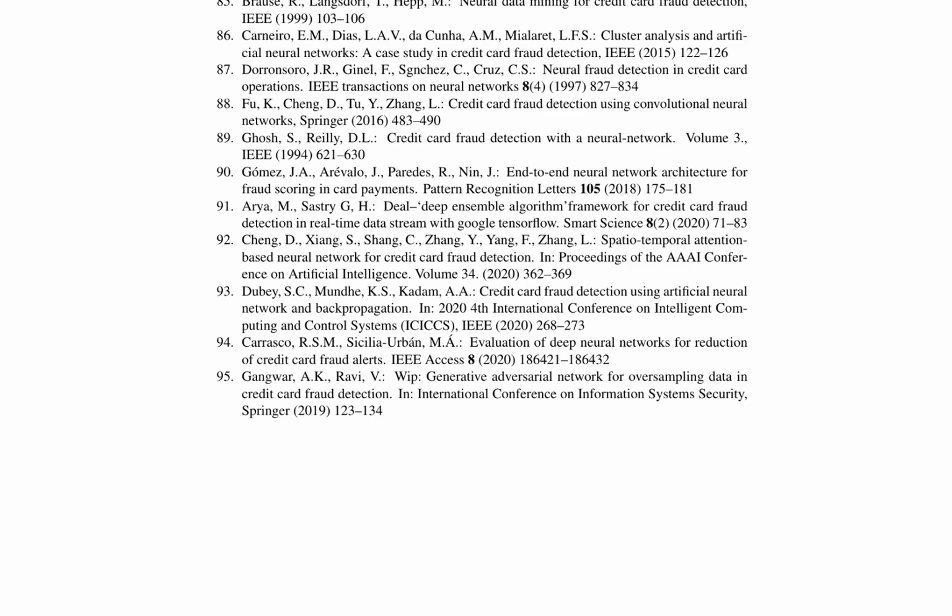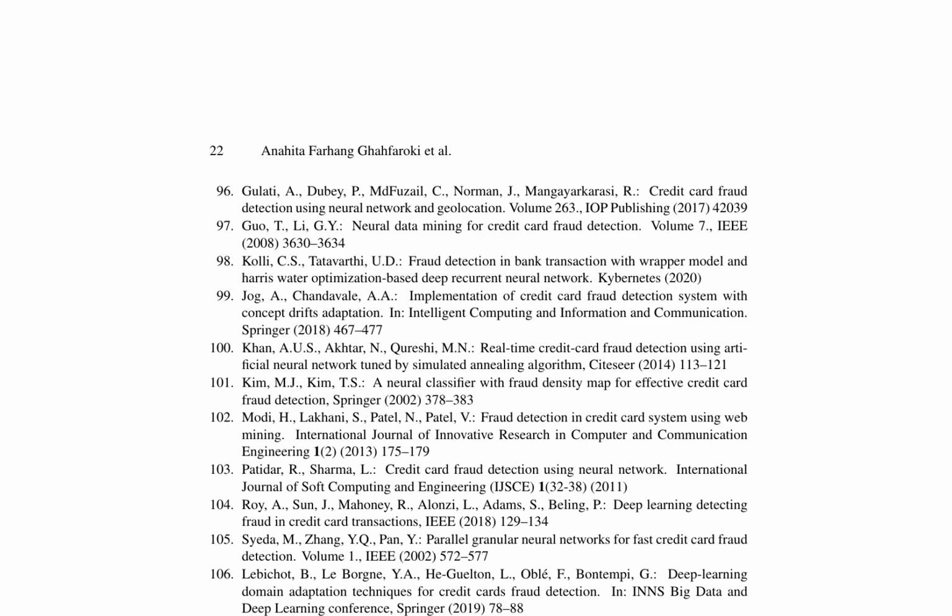Other approaches include the use of hybrid models, such as neurofuzzy systems, and ensemble methods, like bagging and boosting. The authors also discuss the application of evolutionary algorithms, like asexual reproduction optimization, to credit card fraud detection. Additionally, they review papers that employ clustering algorithms, like k-means and hierarchical clustering, to identify fraudulent patterns.